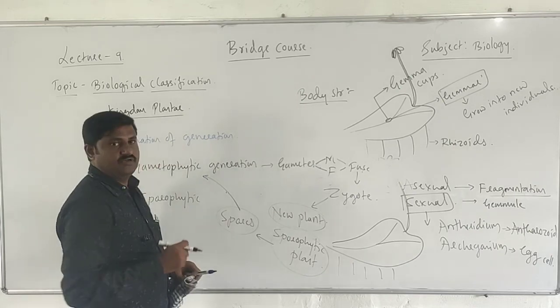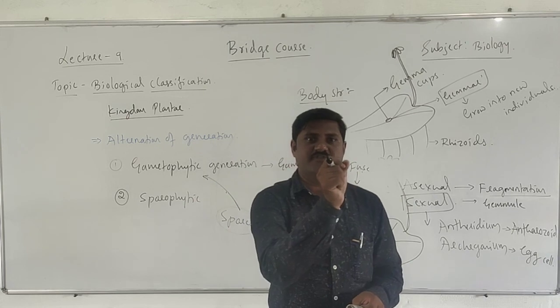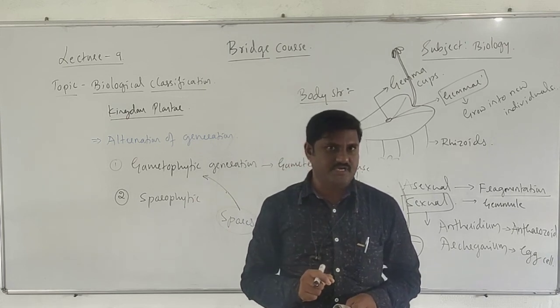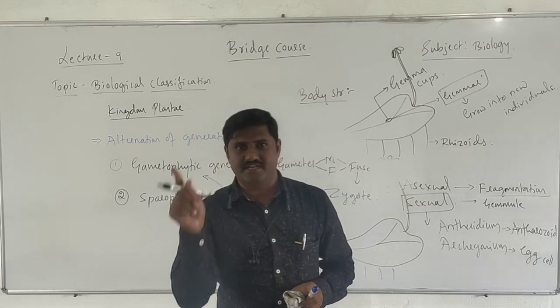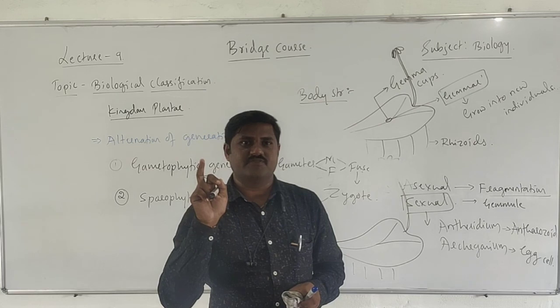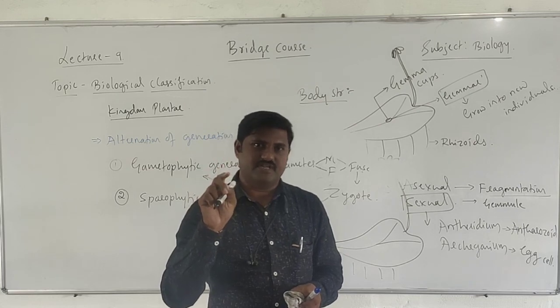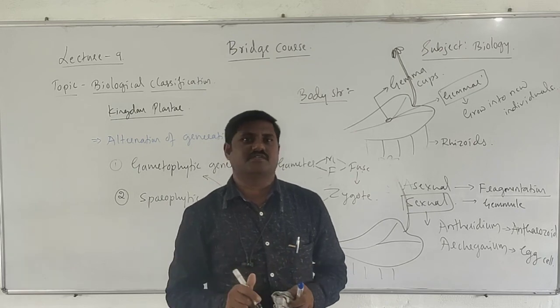This is how gametophytic as well as sporophytic plants are produced alternately. This is how the life cycle of these plants continues through two generations. One is called the gametophytic generation, the second one is called the sporophytic generation. These plants are studied in detail.